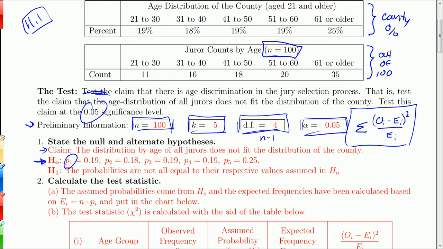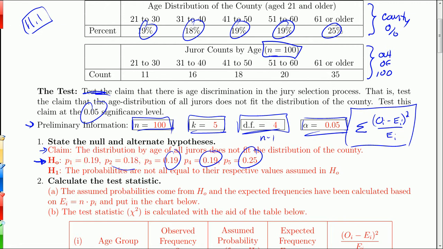That 19 comes from this 19% here. The p2 equals 18 comes from that 18, 19 from that 19, 19, 19, and then 25 from that 25. So the null hypothesis is that the distribution of jurors actually does match the distribution of the county.